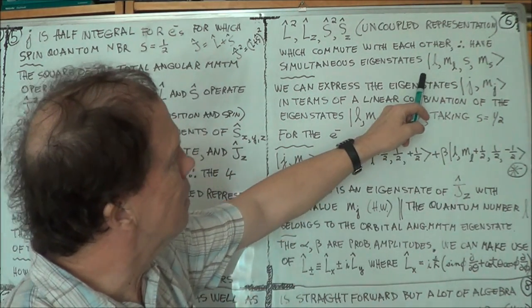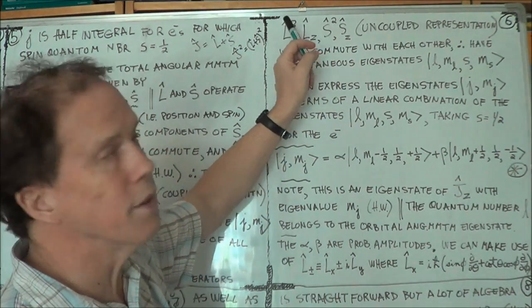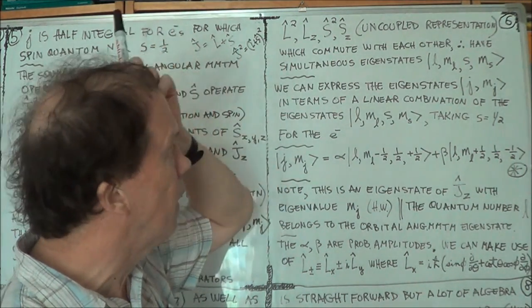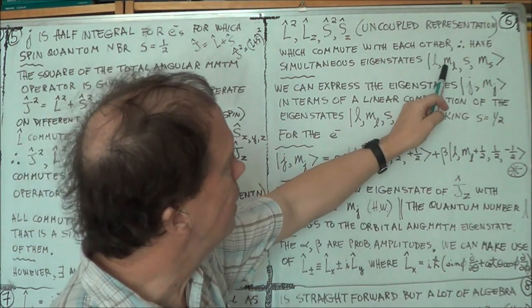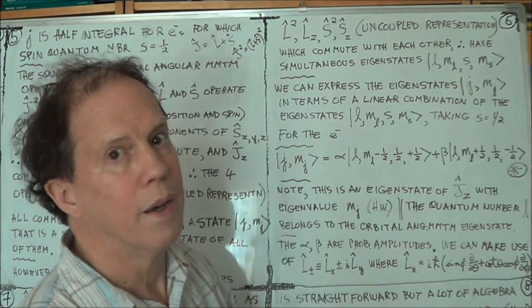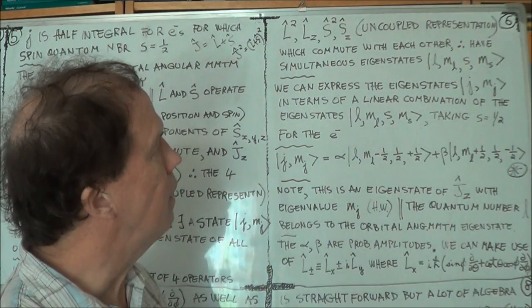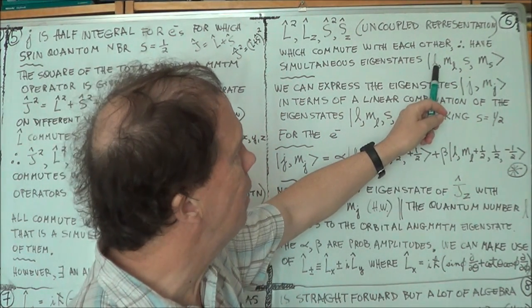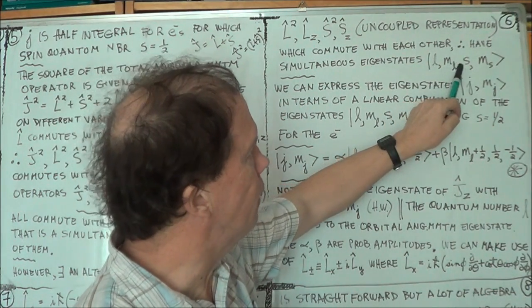So let's label those eigenstates for all four operators, the same set. Let's label them this way. Okay? So these numbers here are called quantum numbers, and they are allowed eigenvalues for the corresponding operator.